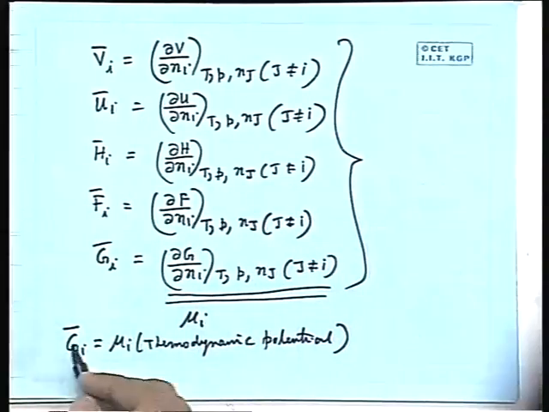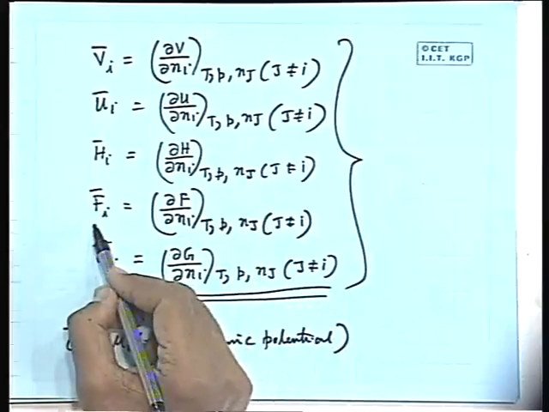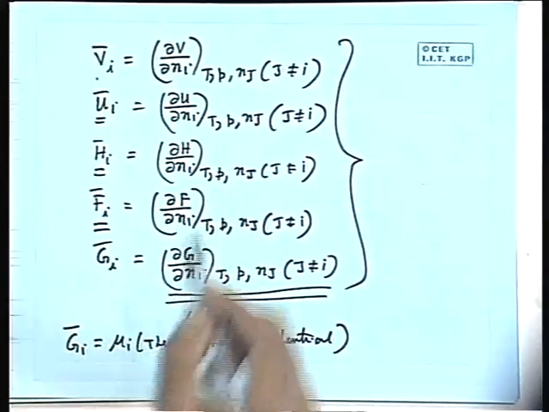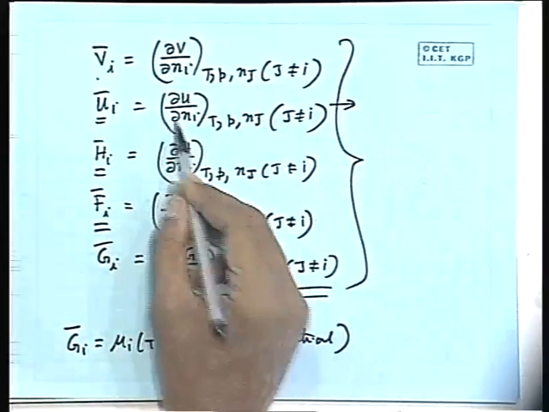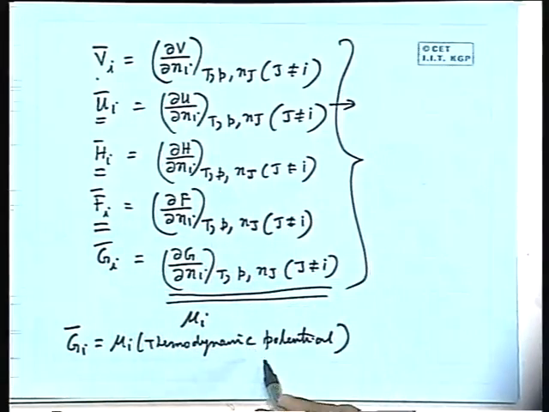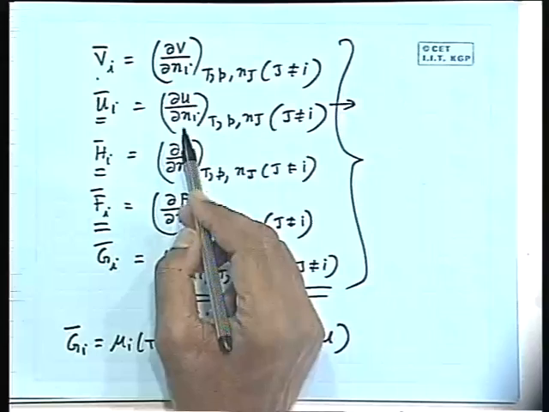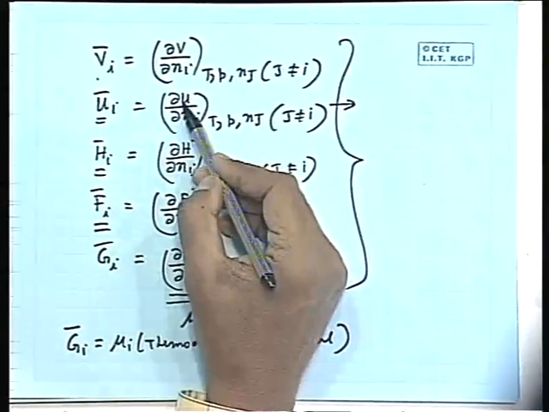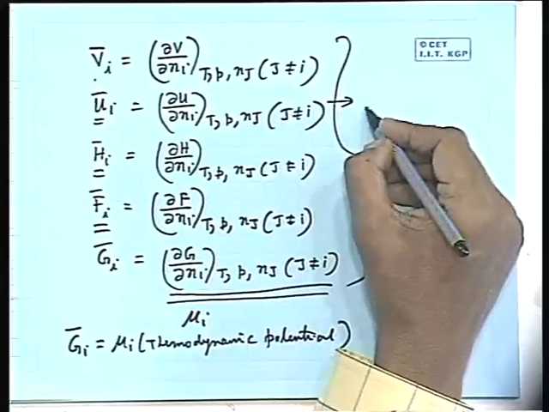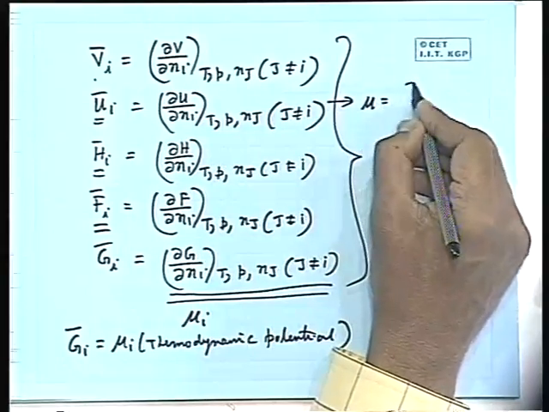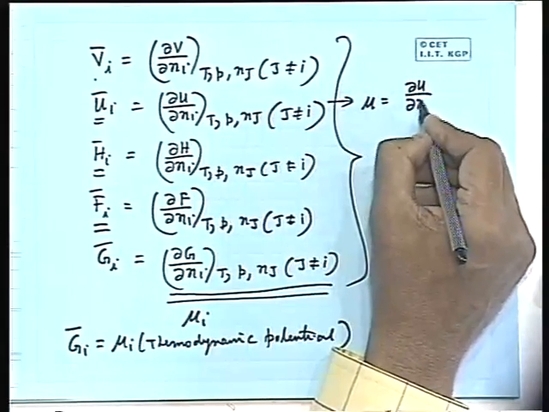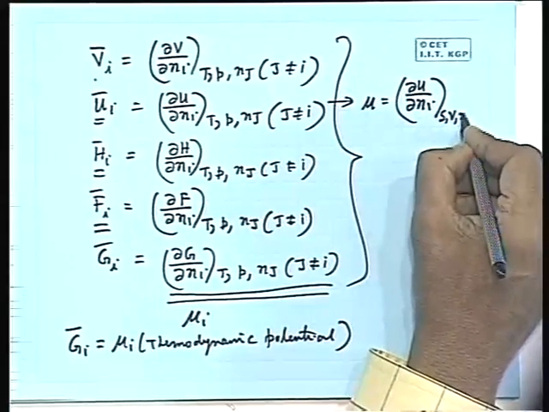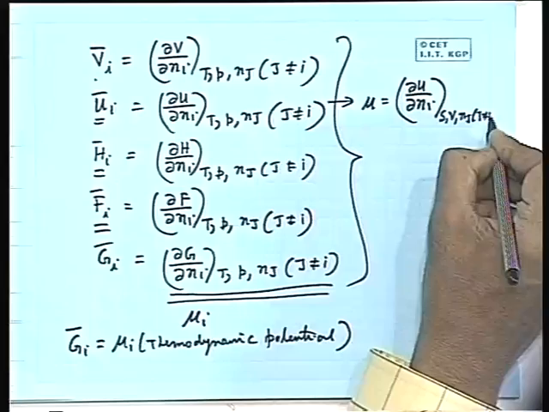Now, it has to be made clear that the partial molar properties for other properties are not equal to thermodynamic potential. For example, if we express chemical potential in terms of U, then you remember mu is equal to del U by del n_i at S, V, n_j, j not equal to i.